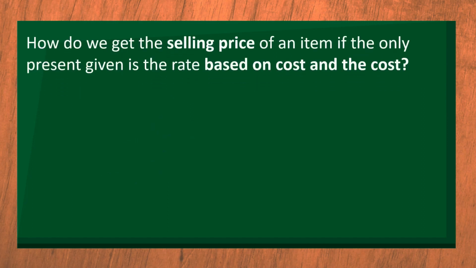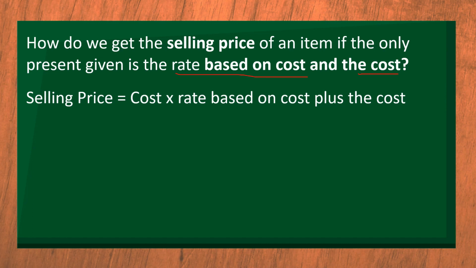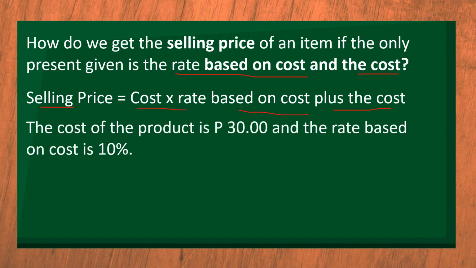How do we get the selling price of an item if the only present given is the rate based on cost and only the cost? The formula, selling price equals cost times rate based on cost plus the cost. Given scenario, the cost of the product is 30 pesos and the rate based on cost is 10%.